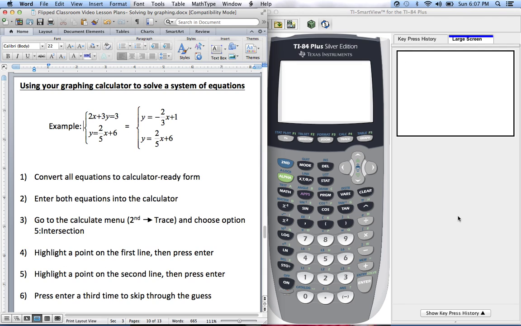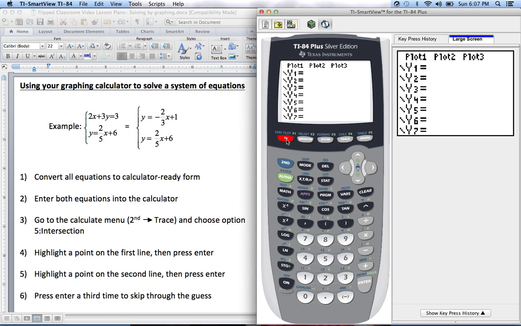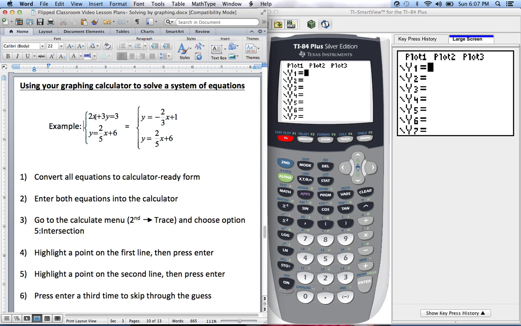So if we go into our calculators, we know that to input an equation into the calculator, you would need to use the Y= button, which means we must convert all of our equations in our system to calculator-ready form. So if we take this top equation, 2x + 3y = 3, and we convert it to slope-intercept form, we'll get y = -2/3x + 1.